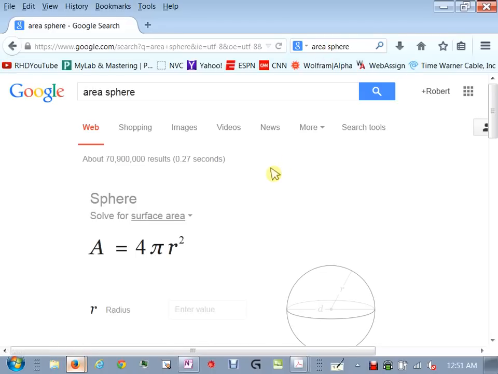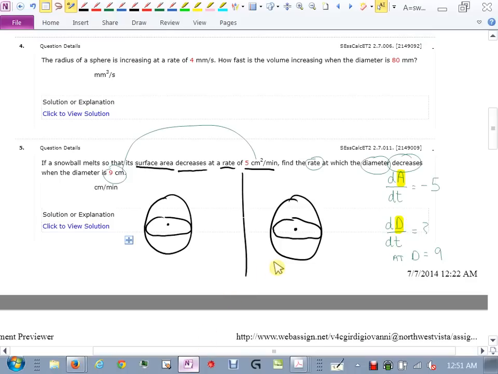I didn't feel very confident about having that right on the tip of my tongue, but I didn't want to look stupid and say it was wrong. But 4 pi r squared is what I was thinking. 4 pi r squared is our surface area. So I'm going to write down surface area, using A, 4 pi r squared.